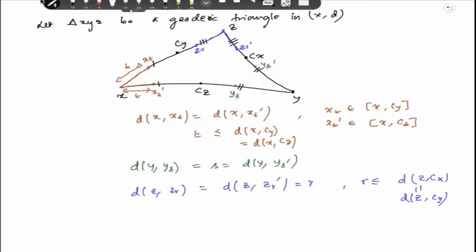Okay, so now we call this triangle delta thin if the following holds. Let delta be a non-negative number.